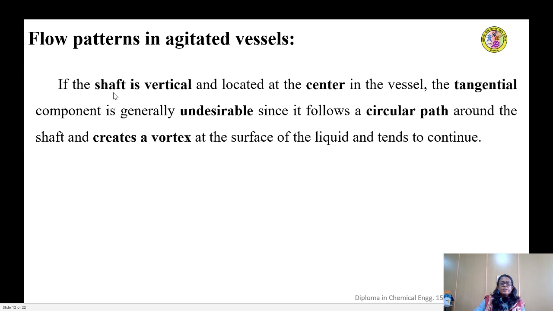If you locate the agitator with its shaft vertical at the center of the vessel and the tangential component is present to a greater extent, it creates a circular path around the shaft. That is not expected to occur because it creates a vortex at the surface. That is, the surface of the liquid takes a U shape and later on a V shape.